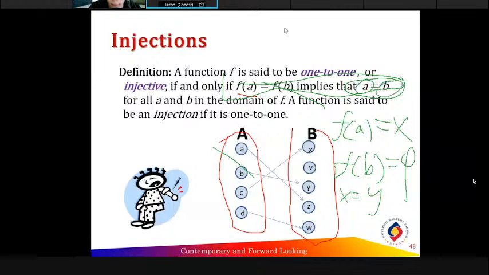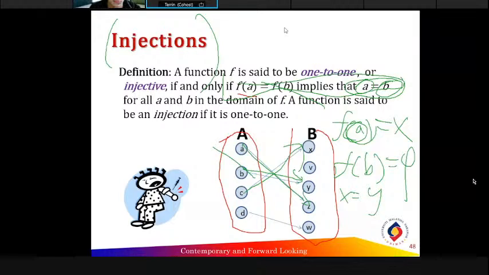And a equals b means what? The value here is only a. There is no such thing as some other value. So that would imply that there is uniqueness in the property. The uniqueness of the relationship here is what we call injection. A one-to-one relationship. Only one unique value of a can map to one value of b.